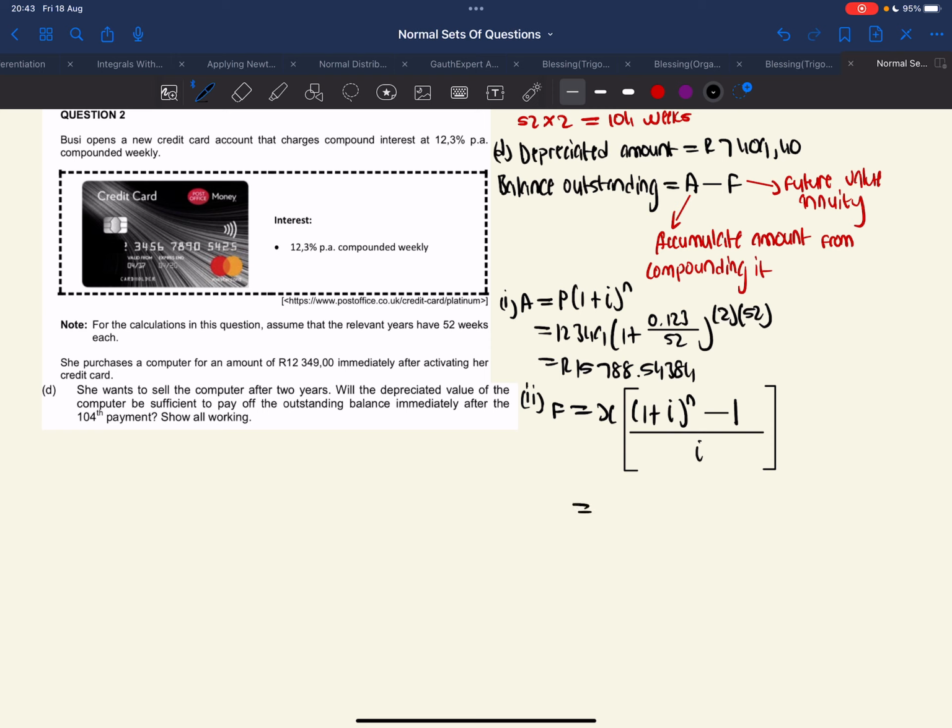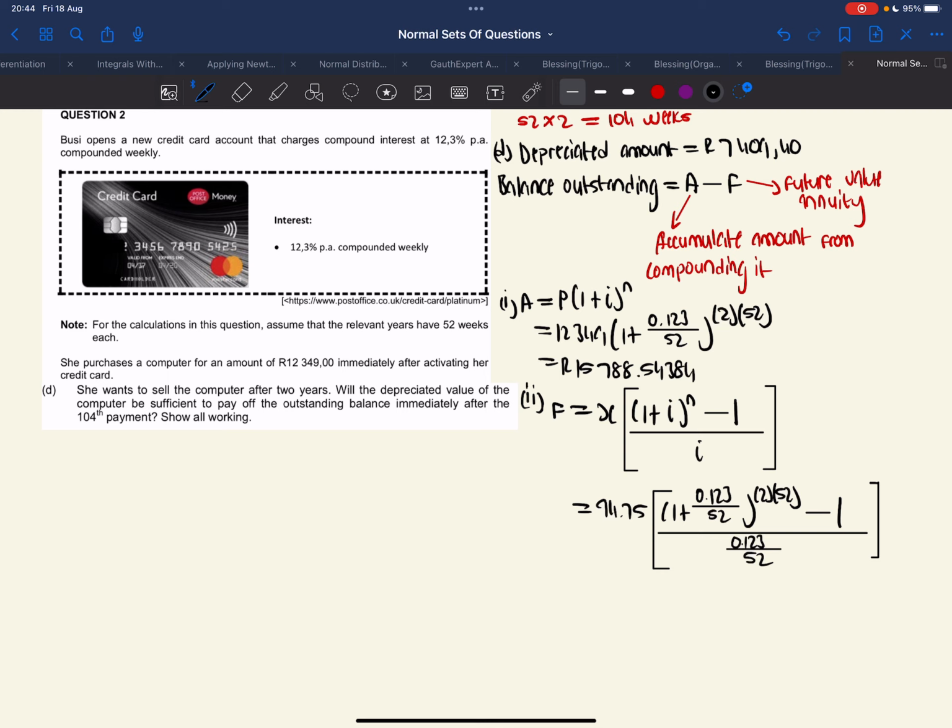So we're gonna say 94.75 times (1 plus 0.123 over 52), and remember, it's 2 times 52, minus 1, and that is all over 0.123 over 52, and then we close the bracket.